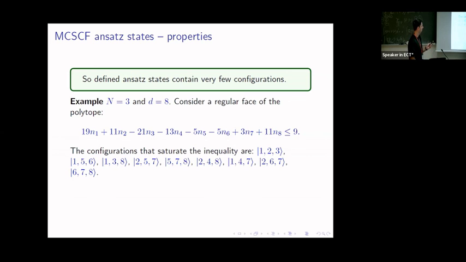And also, Christian has another paper which says that if you are close to saturating, then these will be the biggest coefficients. So this will be like the biggest contribution to the wave function. Okay, so we got just 9 configurations out of 8 choose 3, which is 56. So that's quite a nice truncation of the space.